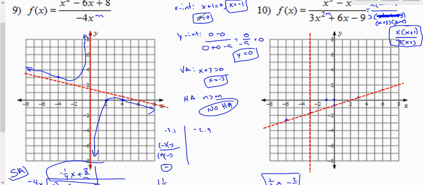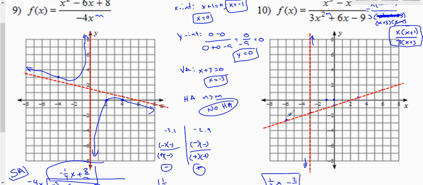When I plug in negative 2.9 for x, that's a negative number. Negative 2.9 plus 1 is a negative number. The 3 is positive. And negative 2.9 plus 3 is a positive. So I'm left with 2 negatives, which is a positive outcome. So at negative 3.1, I'm going towards negative infinity. At negative 2.9, I'm going towards positive infinity.